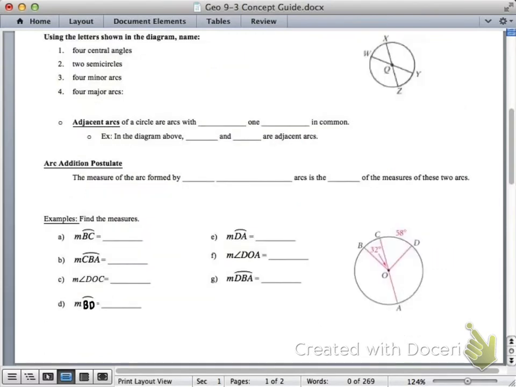Adjacent arcs of a circle are arcs with exactly one point in common. Adjacent, of course, means next to. In this example above, WX and XY are adjacent arcs.